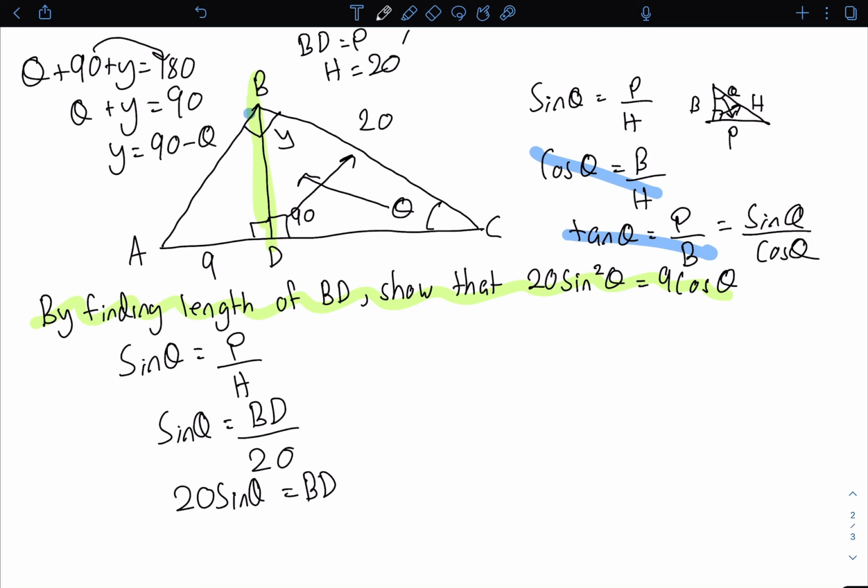So this specific angle is 90 minus theta. Let me redraw the triangle here. This is 90 minus theta, this is 90, and this is theta. Okay. Now let's look at the other triangle.